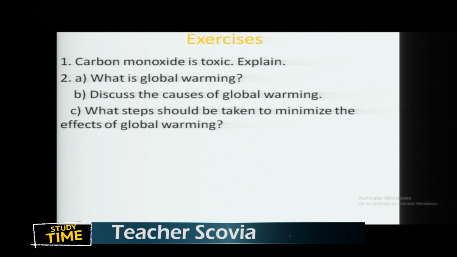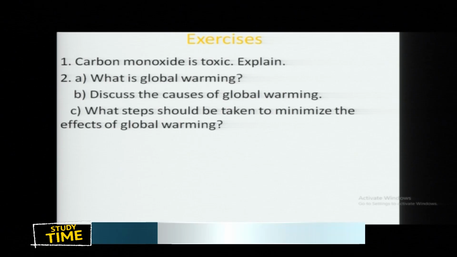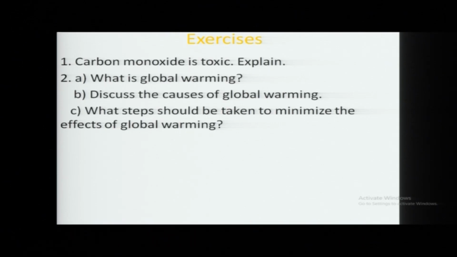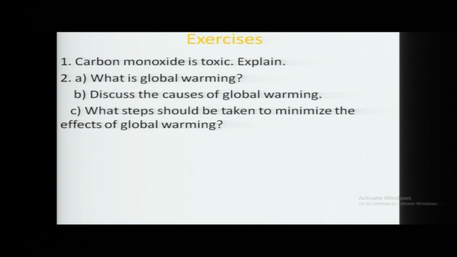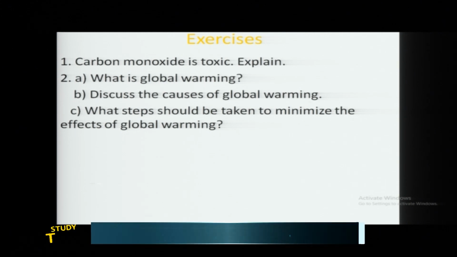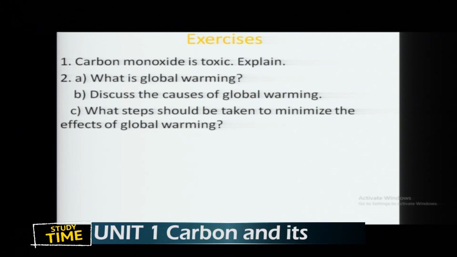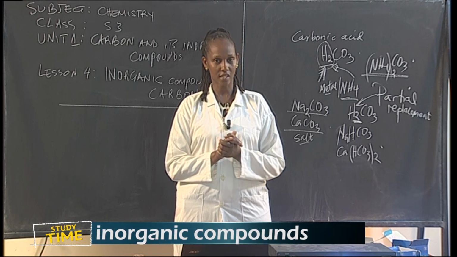So what steps should the government or individuals take to minimize the effects of global warming? So those are the questions, just 2 questions, but try to do them in detail, explain them the way I've explained them here, and then we shall collect them together in the next lesson.